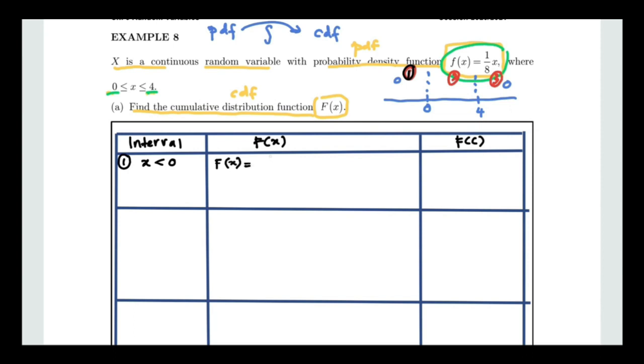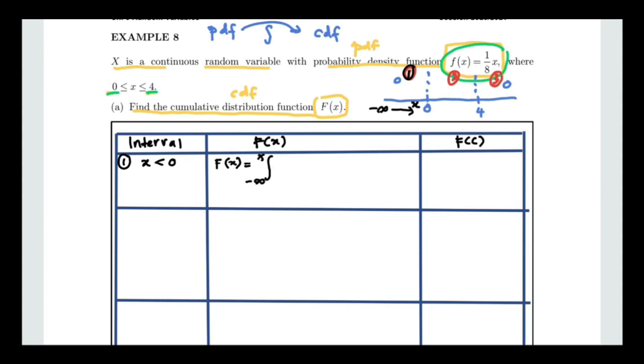Since we're going to find the CDF, we're going to integrate from negative infinity until x. We are not going to integrate until 0, because 0 is the maximum for that interval. So we are going to write it as negative infinity to x.